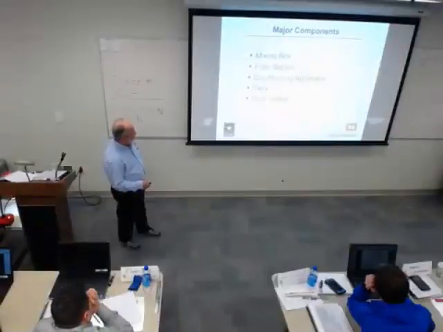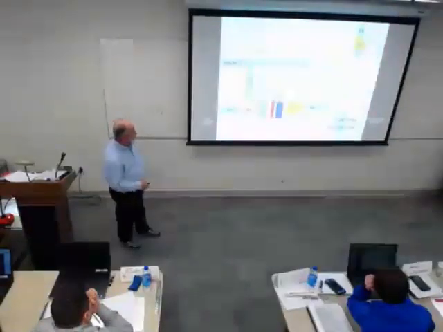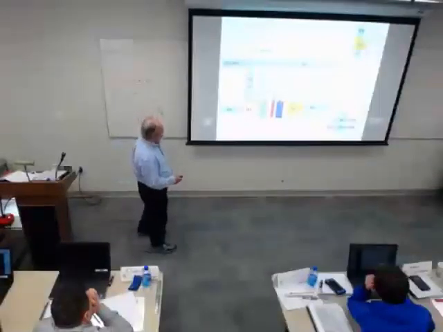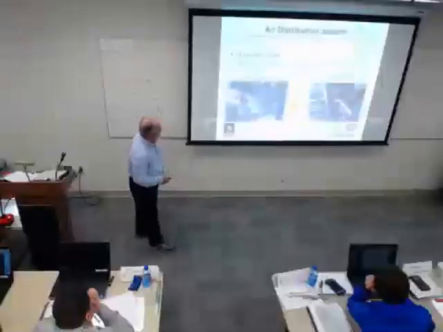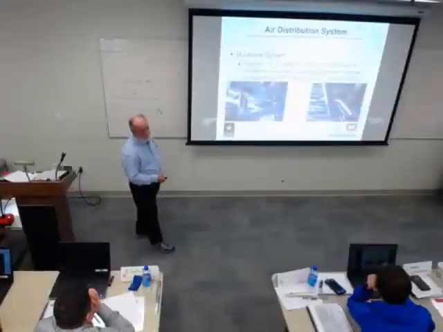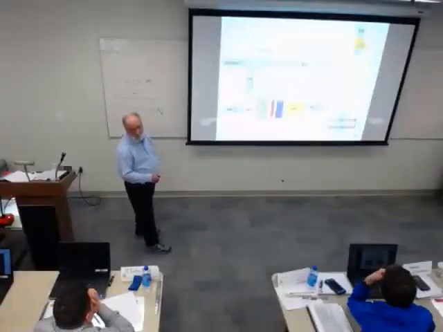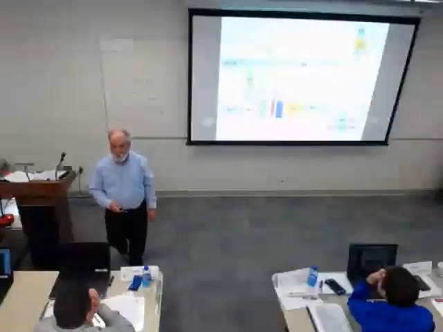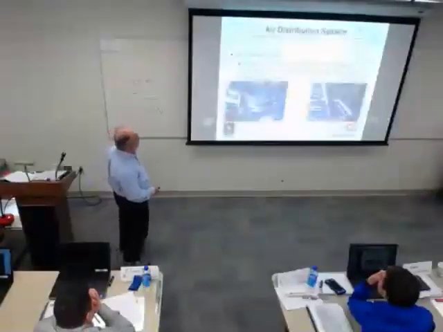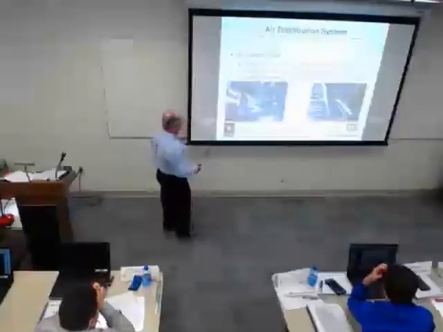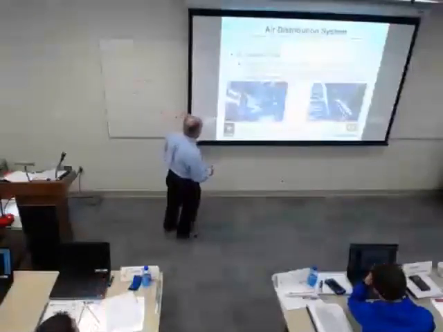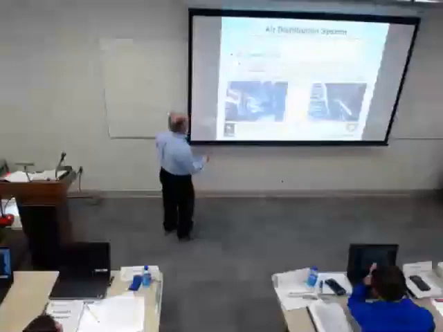So we got through the fans, now the duct system. All right, so we see there's an awful lot of stuff that goes on in the ductwork that affects our pressure drops. Things like this, like that, and that.